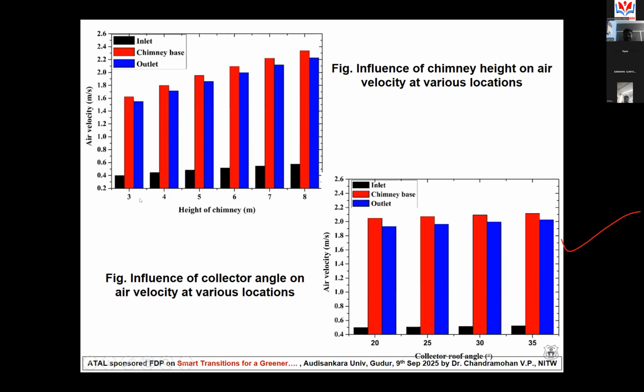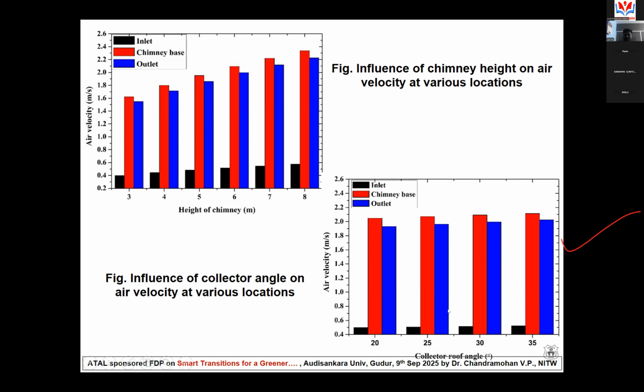You can see when the height is increasing, the air velocity is always increasing. It means if the height of the chimney is increased to 10 meter, 20 meter, 30 meter, 50 meter, 100 meters, 200 meters, we'll be getting an enormous amount of air velocity. That is the conclusion we could get.